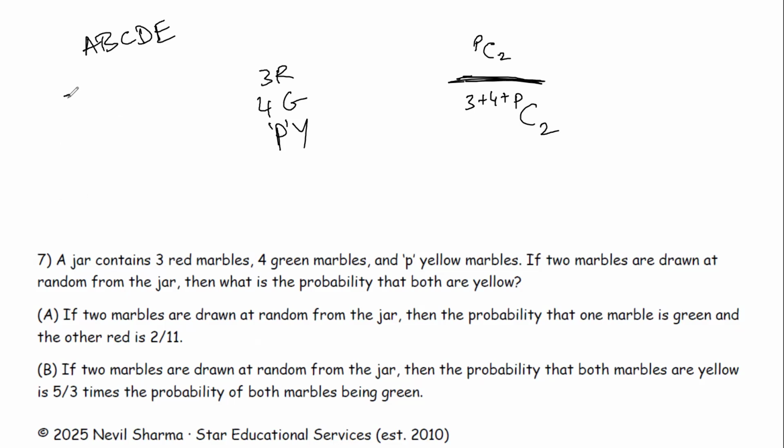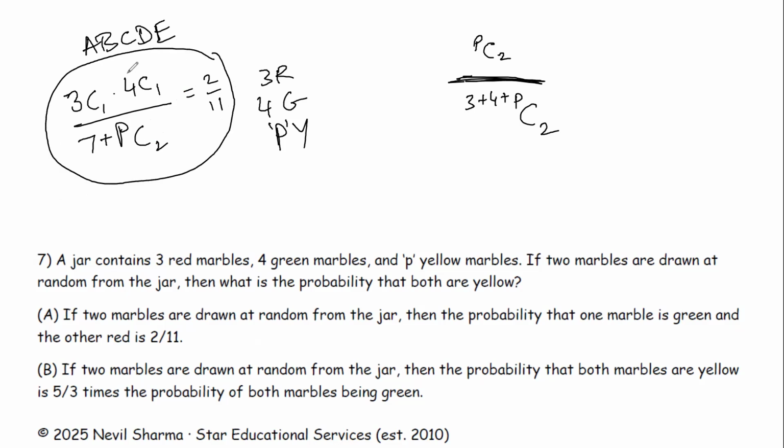So we know that 3C1 into 4C1 upon 7 plus PC2 is 2 by 11. So we'll try and solve this first. So 3C1 is 3, 4C1 is 4, and this is 7 plus P, correct? Into 6 plus P.